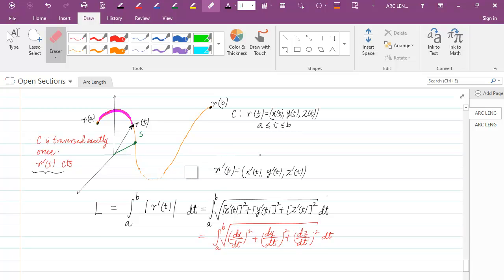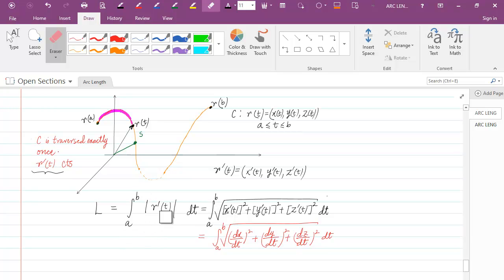So I claim that the length of the curve, which in this case would be the distance traveled by the bug over the period from a to b, can be found by integrating the speed function from a to b.